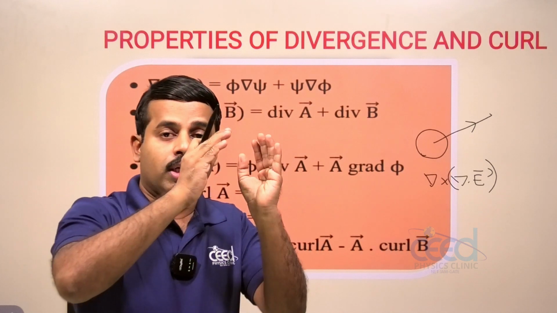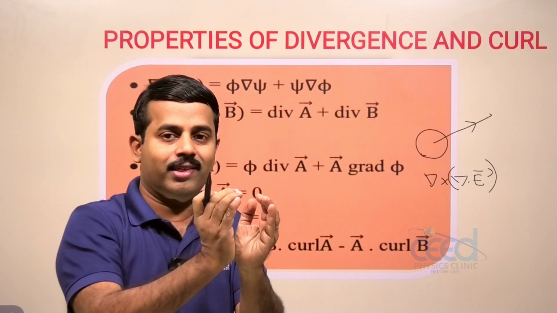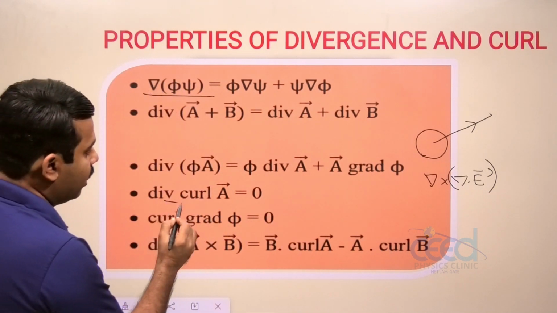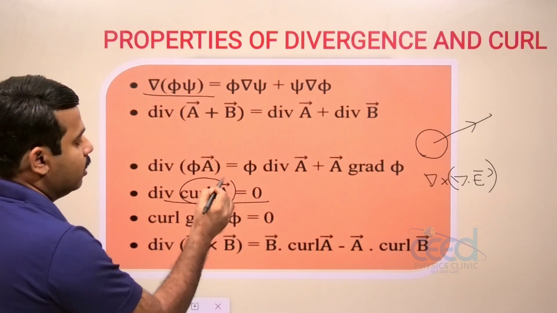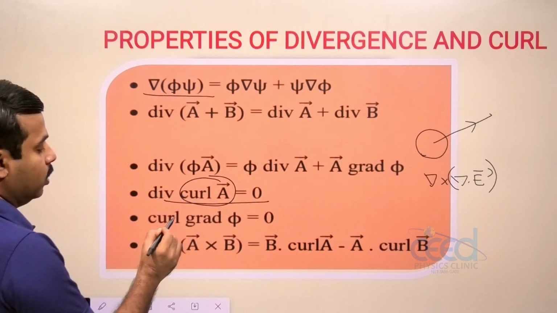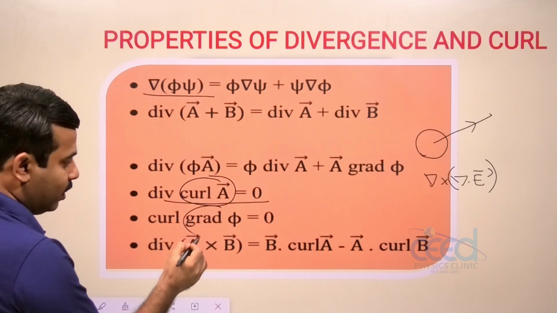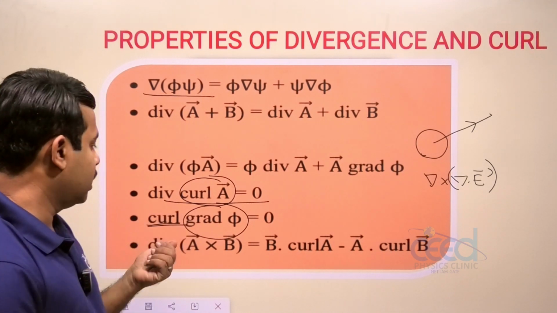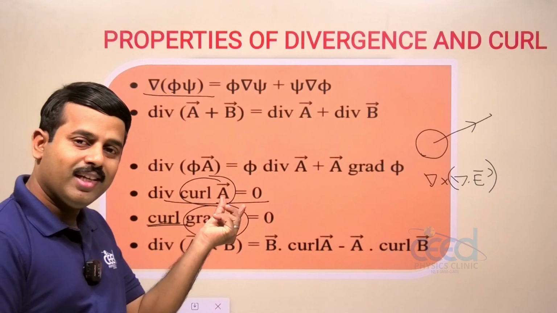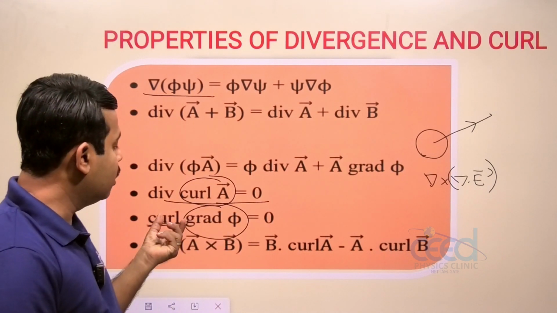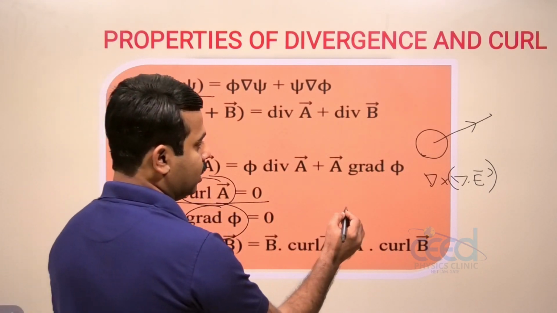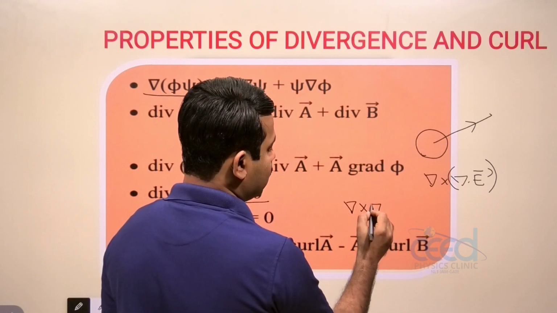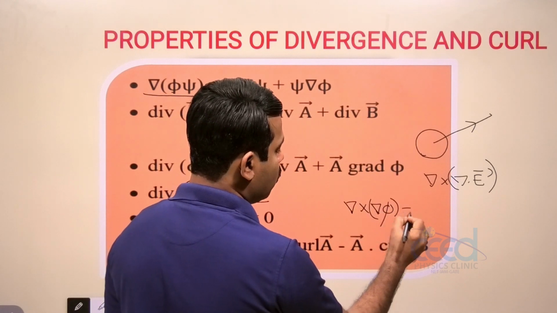Now curl means rotating, and the curl of a diverging quantity is also 0. Both results are important: the divergence of a rotating property is 0, and the rotation of a diverging quantity is also 0. So divergence of curl A is equal to 0, and curl of gradient phi, that means del cross gradient phi, is 0.